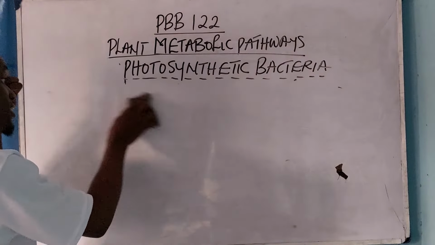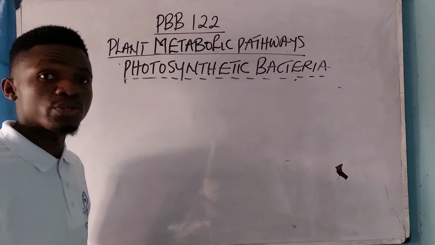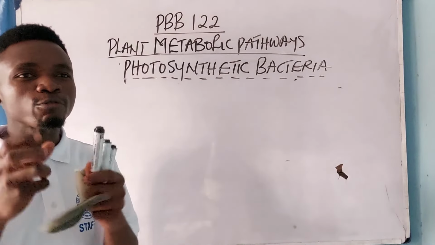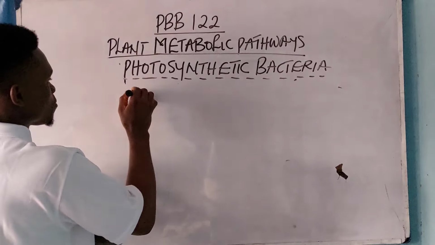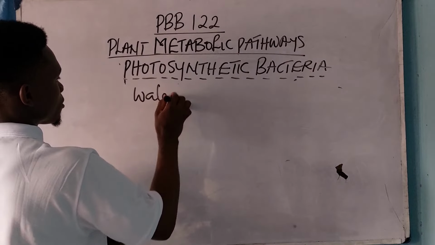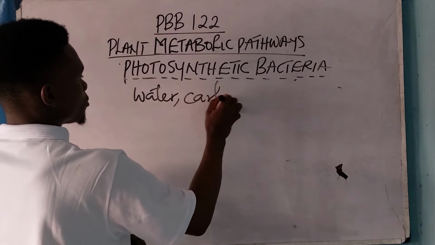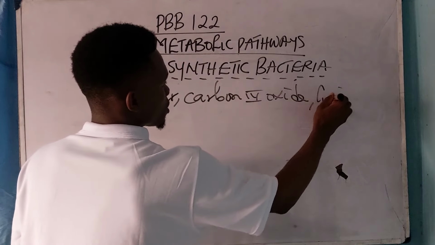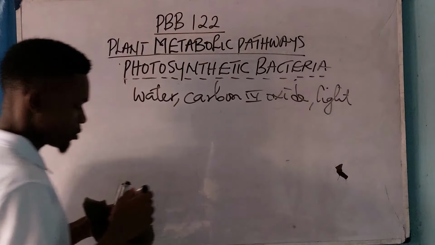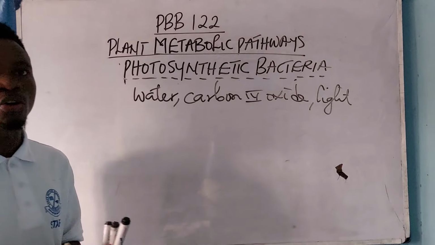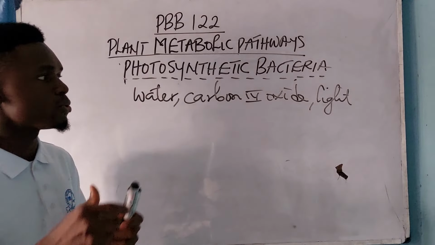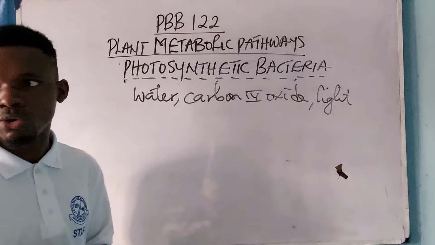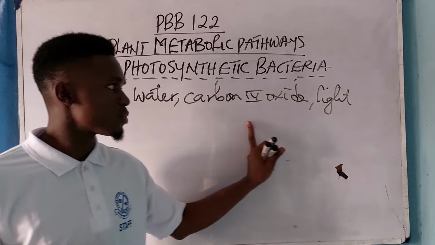The major molecules that are very important for the photosynthetic process are water, carbon dioxide, and light. Take note of that. These 3 are the major molecules that must be present for photosynthetic reaction to occur. Water, carbon dioxide, and light.